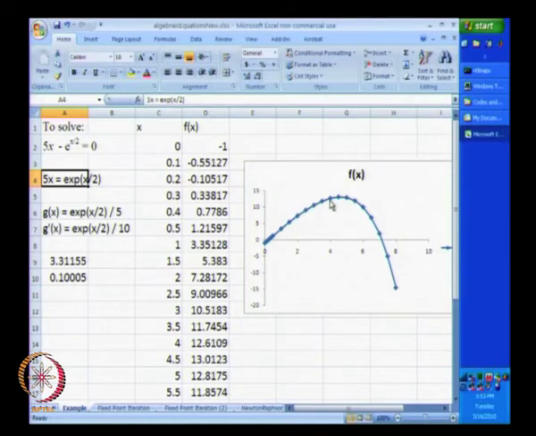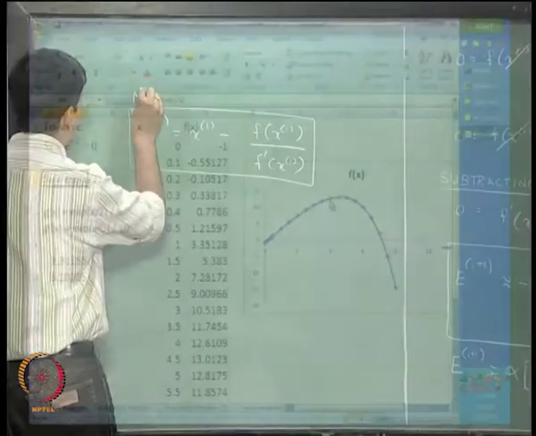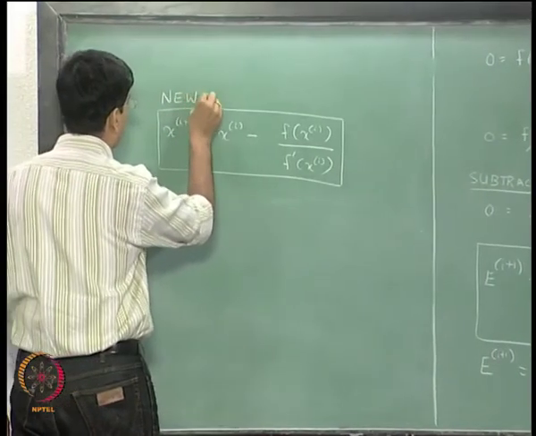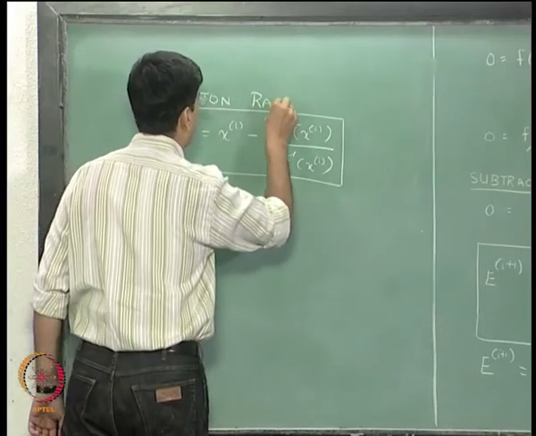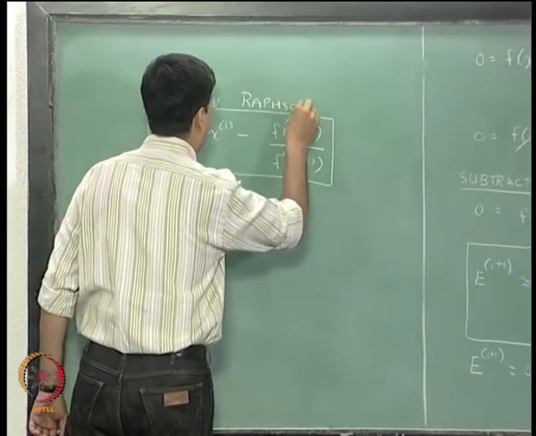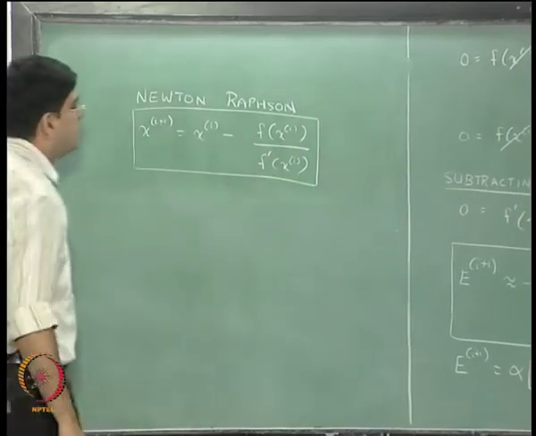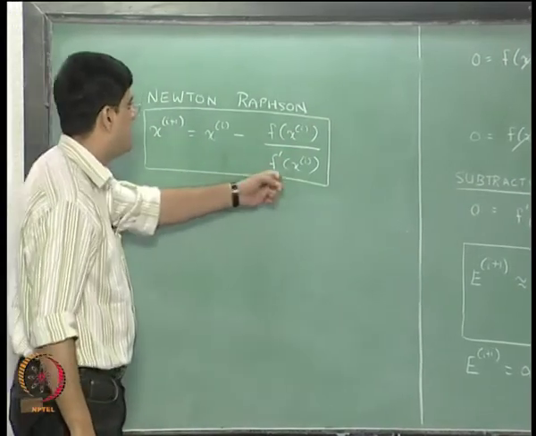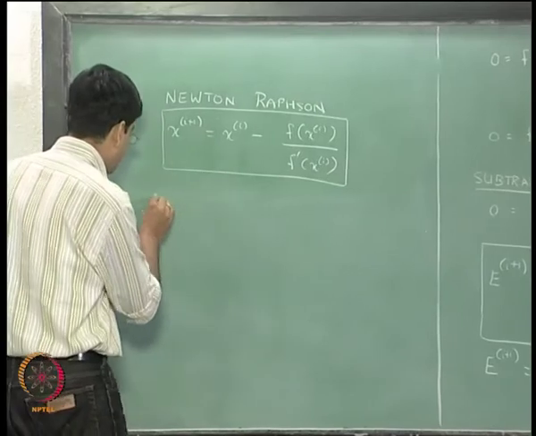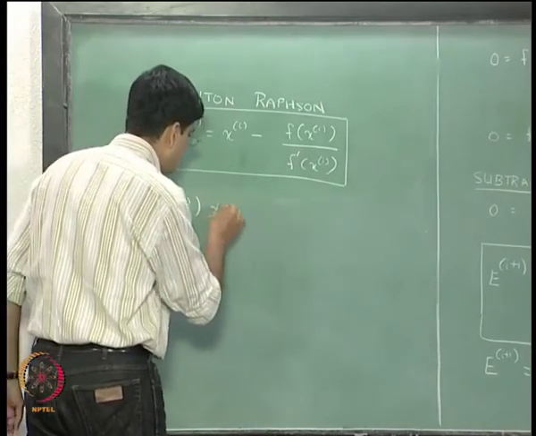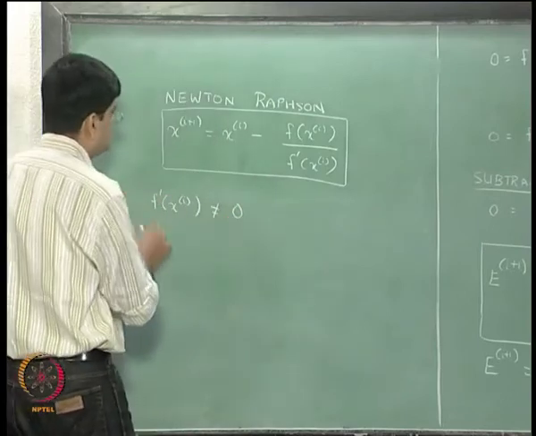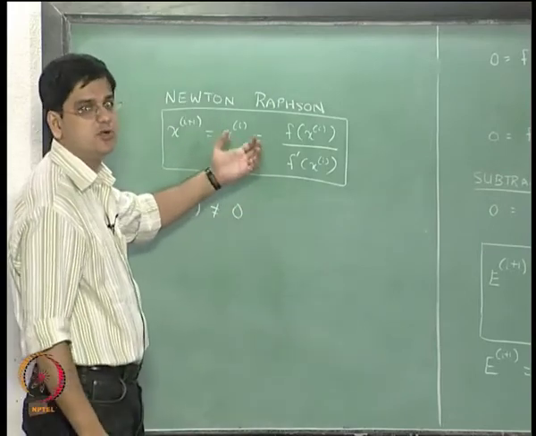If we go back and look at the Newton-Raphson's method expression, when we derived this, we had assumed that f dash of x is not equal to 0; that is when this method is going to work.